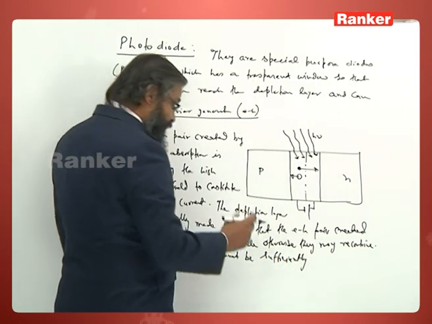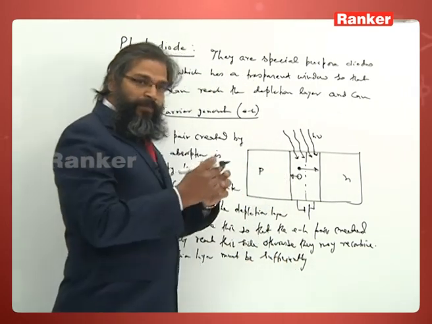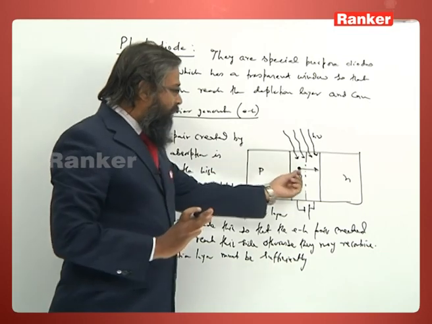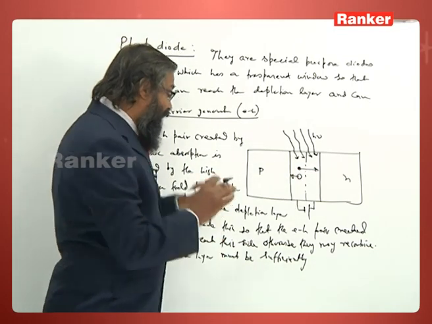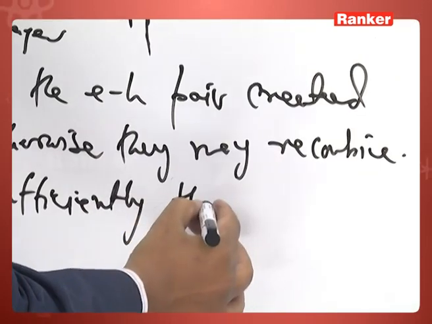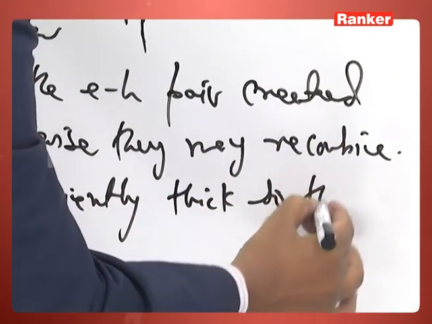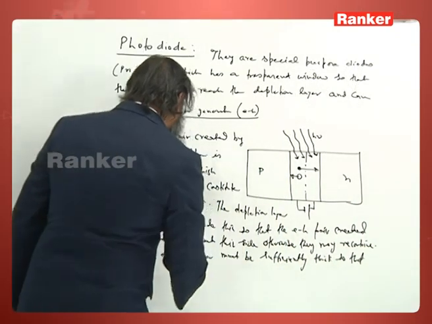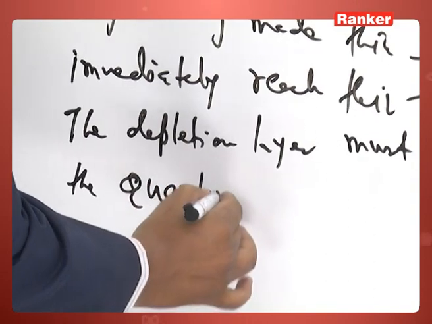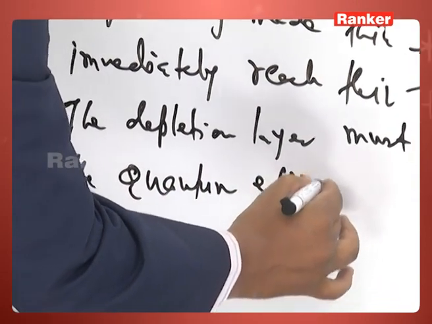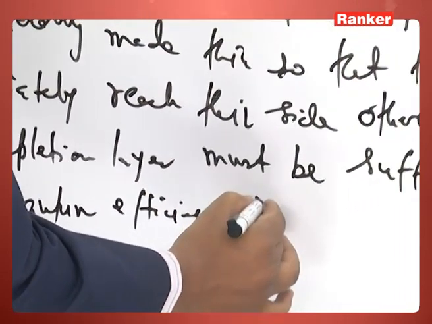That means it should be thin so that recombination does not take place, and it should be sufficiently thick so that the quantum efficiency is high.